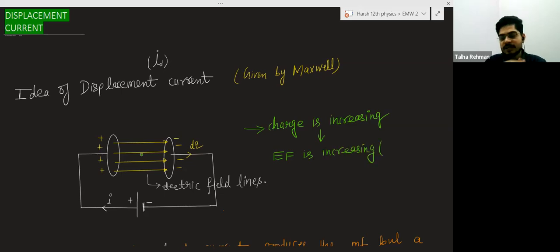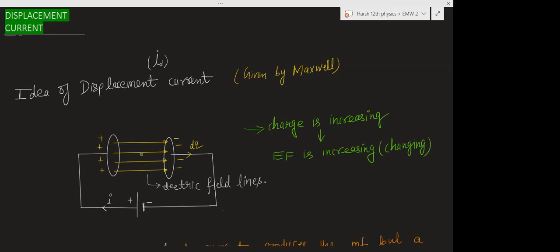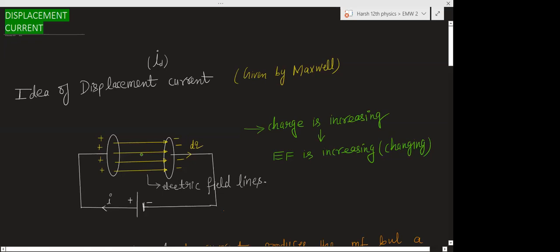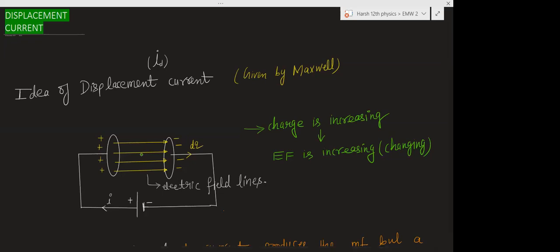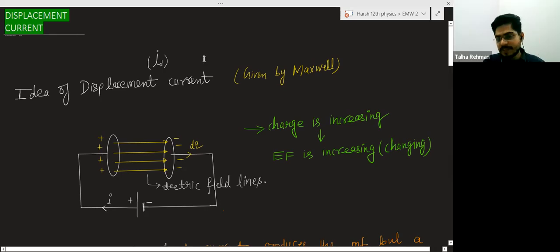Increasing means something is changing. Suppose your height is increasing, so what will you say? Your height is changing. Changing means increasing or decreasing. So basically the electric field is changing. Now you can say there is a changing electric field in between the plates of the capacitor.